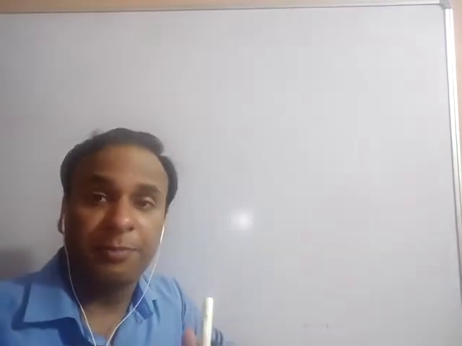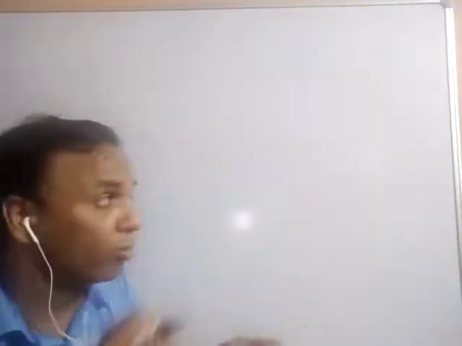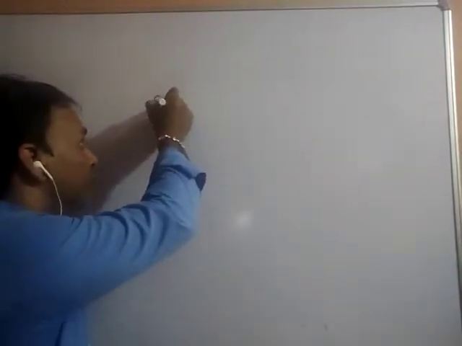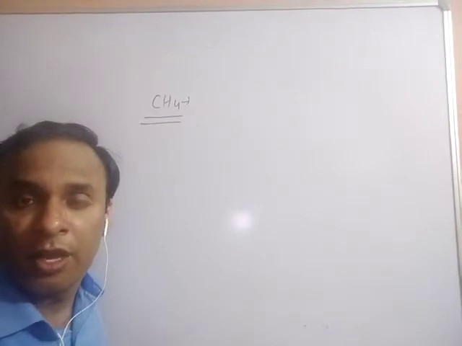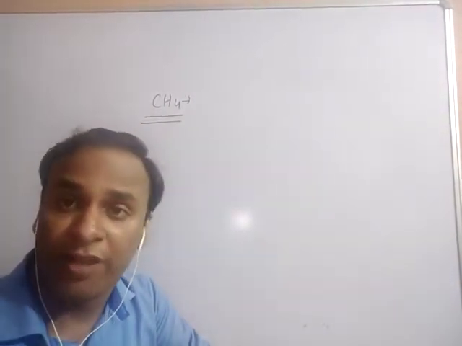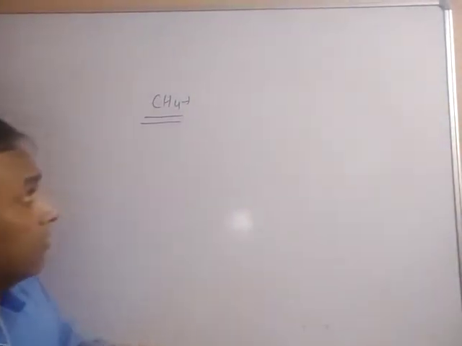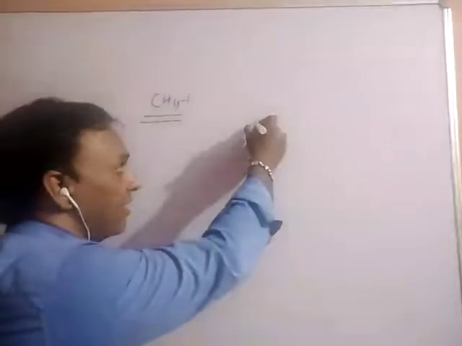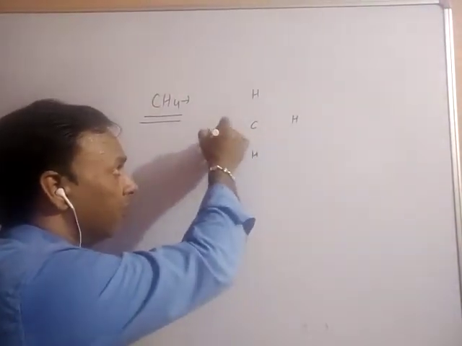Now I am going to explain the structure of a few molecules. Like when we talk about methane, whose chemical formula is CH4. When we observe, methane is composed of 1 atom of carbon and 4 atoms of hydrogen. Clear? So the carbon is the central atom while hydrogen is surrounded like this.